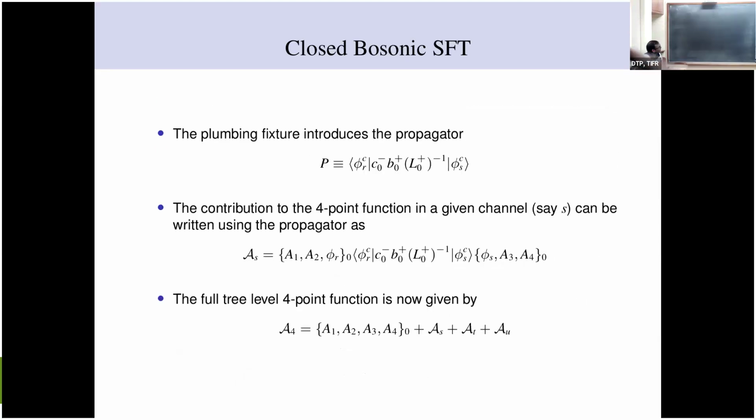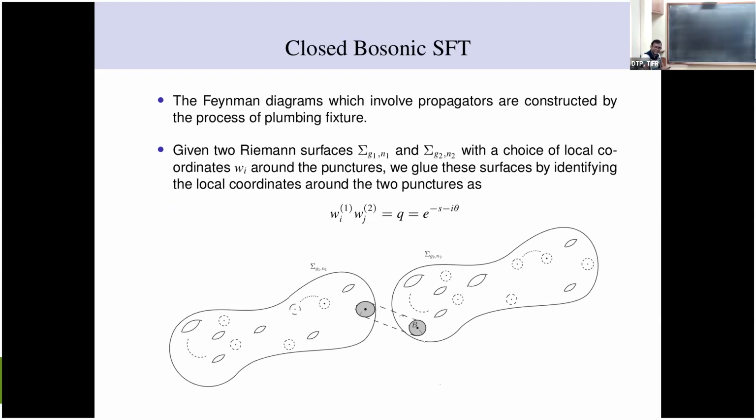So this plumbing fixture introduces the expression of the propagator: C0 minus, B0 plus, L0 plus inverse. I have skipped a lot of steps, and there is an ambiguity in defining this, which comes precisely from this S. You can choose S equal to 0, or some S equal to S naught, and how much of it you are putting.